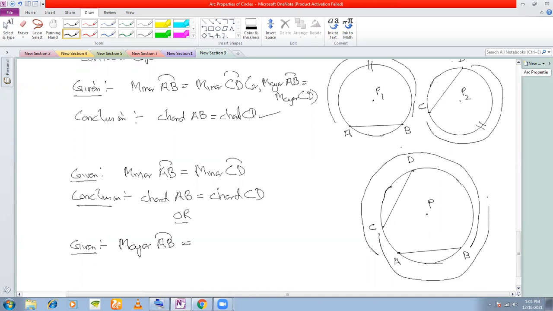This, right? Is this part okay? Yes, sir. Not only minor, but if I give you the major arc also equal, then also you can conclude that in the same circle, these two chords must be equal, that they must contain equal chords. Fine.